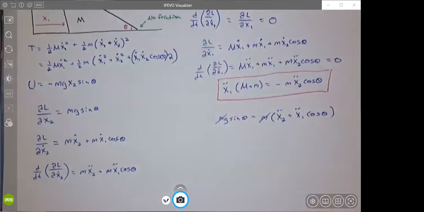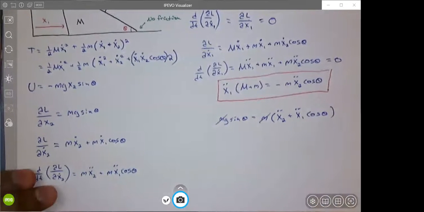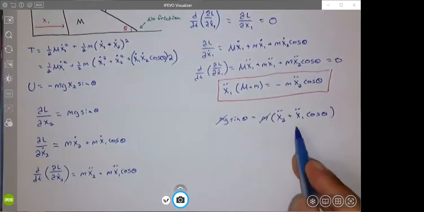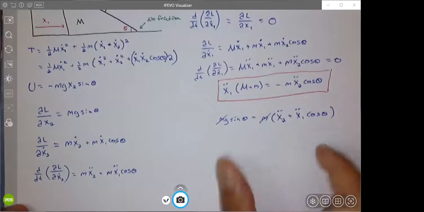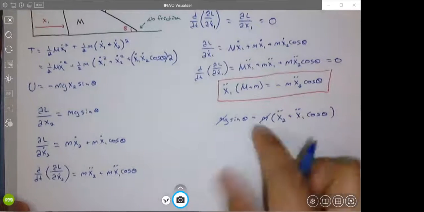And if we separate this, how do I want to separate it? We can solve for x1, I guess. Actually, I'll leave that for now, and then we'll work it out on the other side.